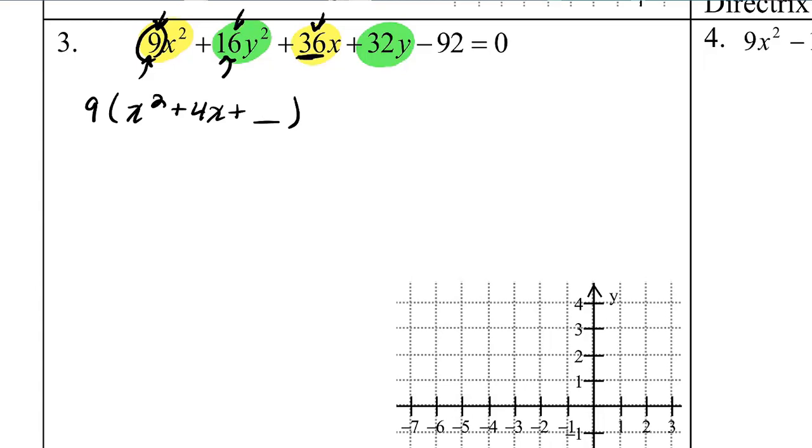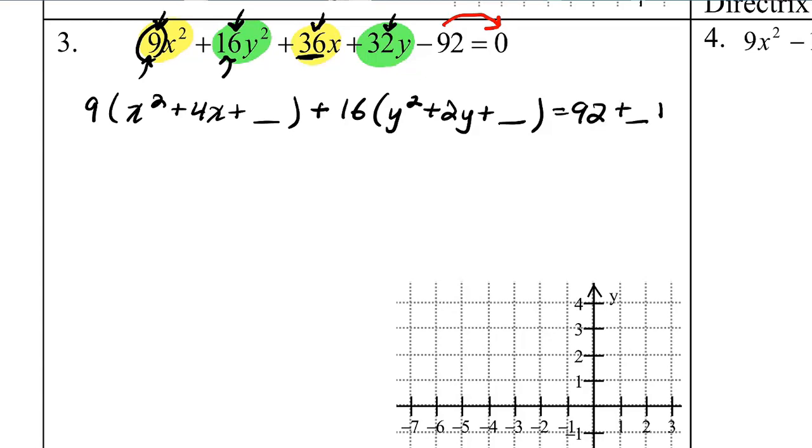And then since y squared has a 16 leading coefficient, we need to factor 16 out of those green highlighted y terms. We have left y squared + 2y + blank. And the 92 is in the way, so I'm going to add 92 to both sides. It's a good strategy to put plus blank to make sure you don't forget those.